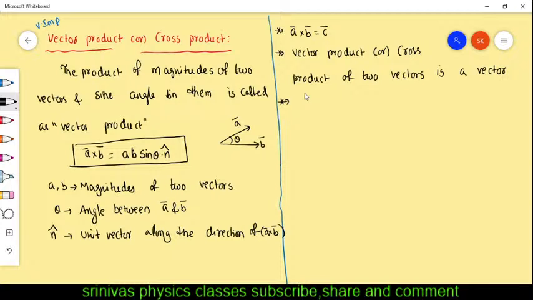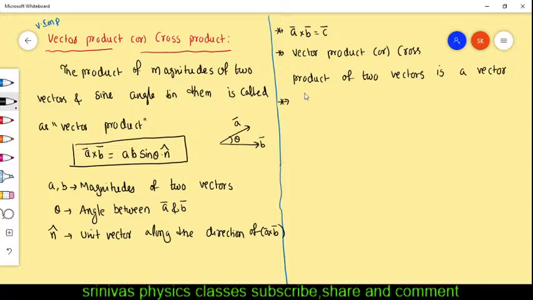But it is better to ask at the step where you have the doubt, at that moment simultaneously, so it will be easily clarified. Then what we are going to discuss here is the vector product. In this vector product definition, the definition is based on the formula only, we have to write the definition.